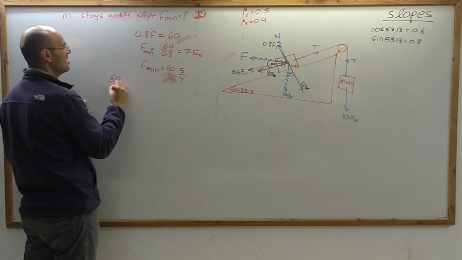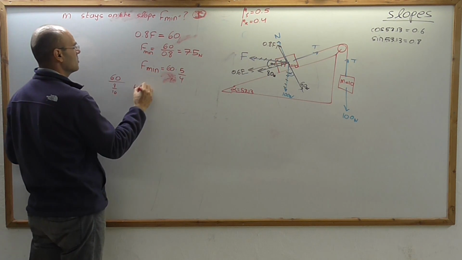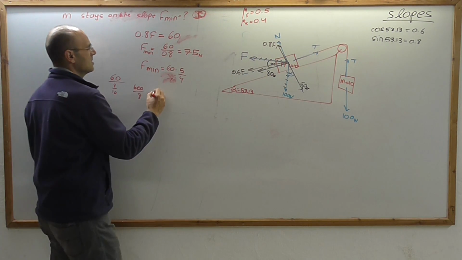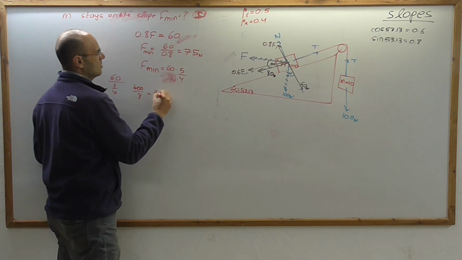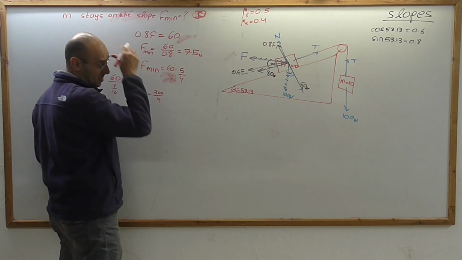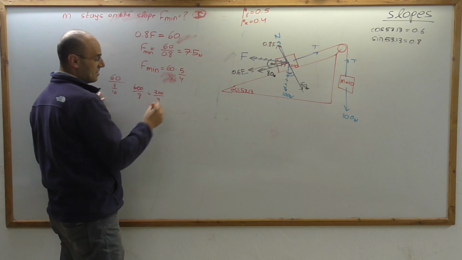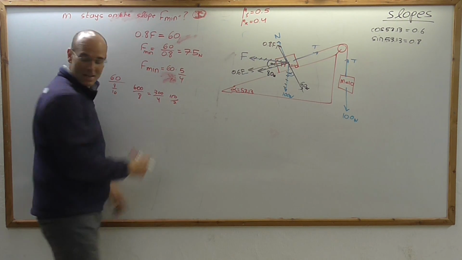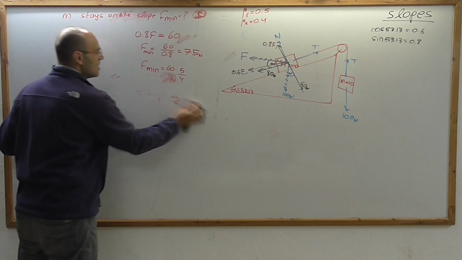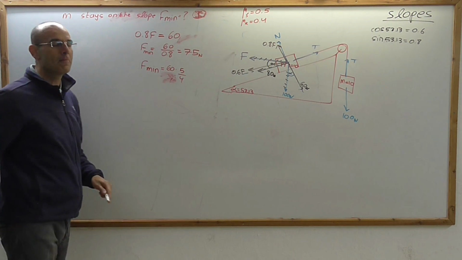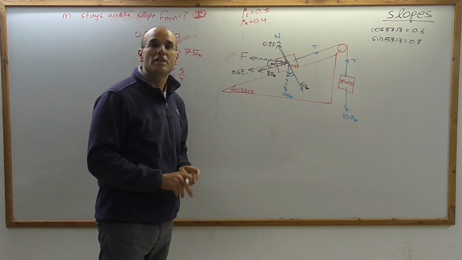Again, 60, 8 over 10 is 600 over 8 is 300 over 4. Yes, it's 75, I think. 150 over 2. Okay, it's 75. So, the no calculator cost me, I think, 40 mega now.